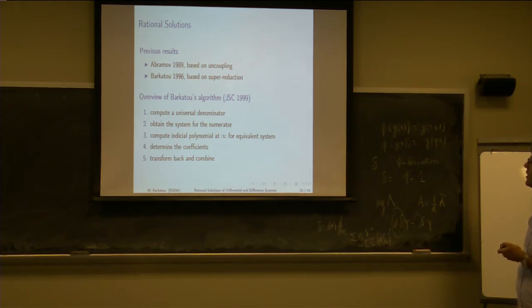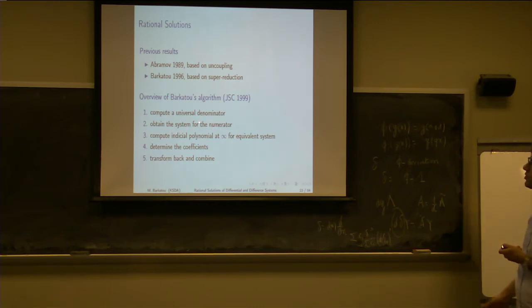how it works. So the algorithm consists, as usual, for finding the rational solution, first of finding the denominator for this rational solution, what's called here a universal denominator. Okay, and then once you have the denominator, the problem reduces to finding polynomial solutions for a transformed system.